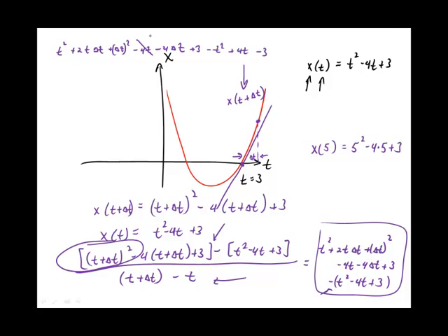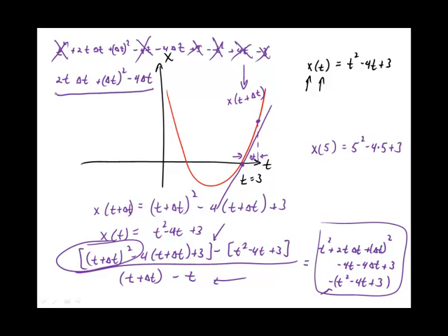So I've got a minus 4t here and a 4t there, those go away. I have a plus 3 and a minus 3, those go away. I have a t squared and a minus t squared, those go away. And I'm left with 2t delta t plus delta t squared minus 4 delta t.